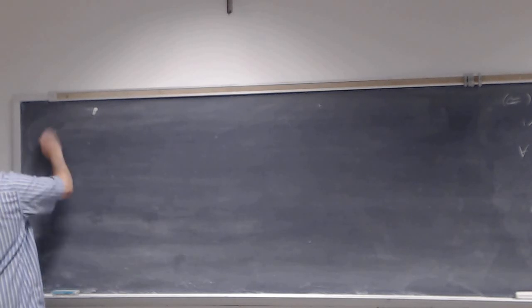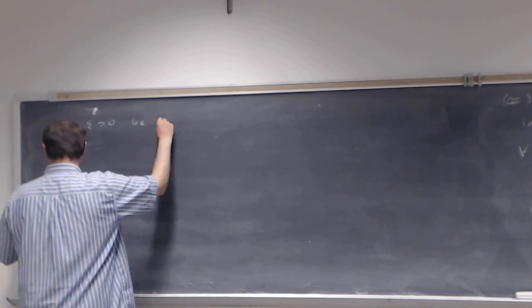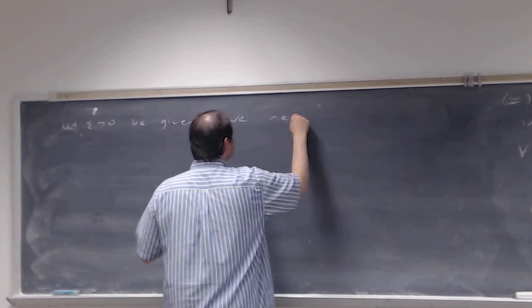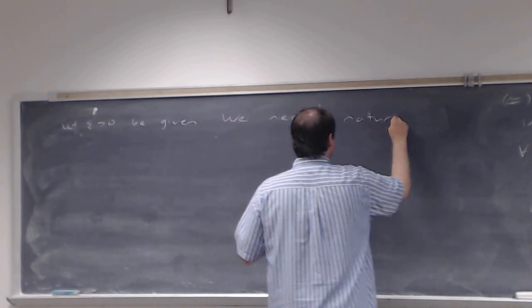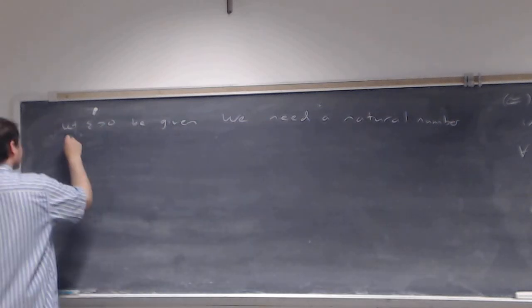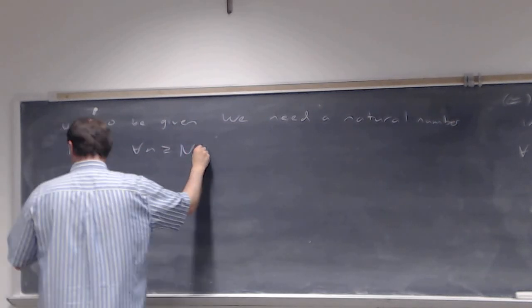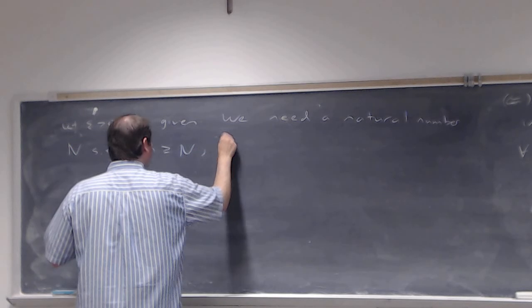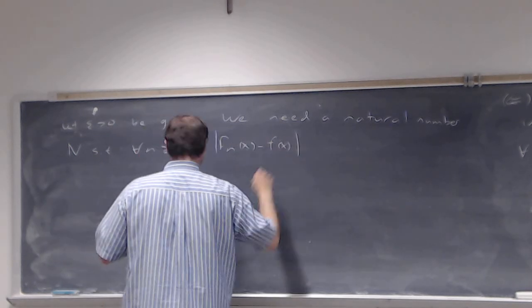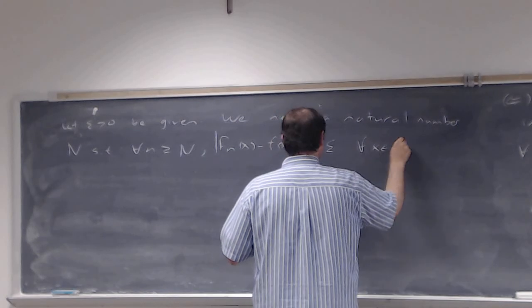Okay, so here we let epsilon be greater than 0 be given. We need a natural number big N such that for all n bigger than or equal to this big N, the norm of f sub n of x minus f of x will be less than or equal to epsilon, and that's for all x element of E.